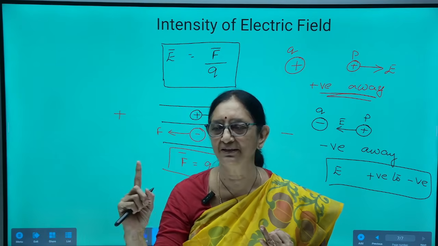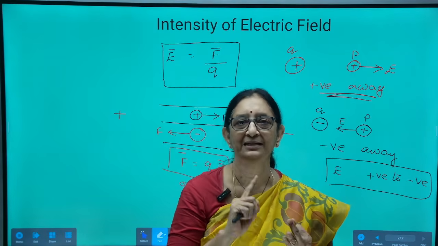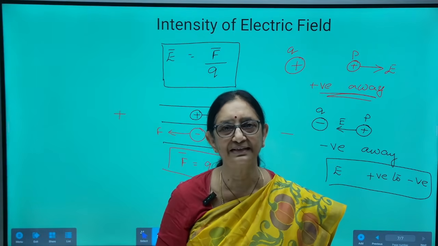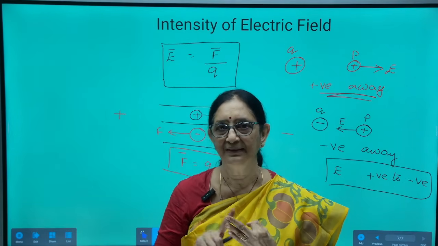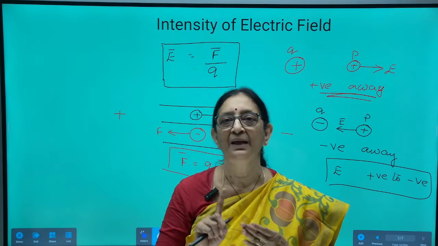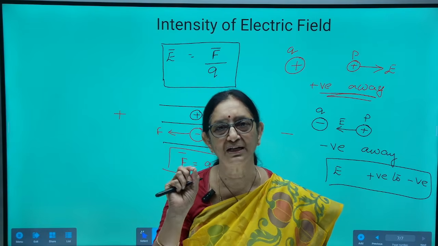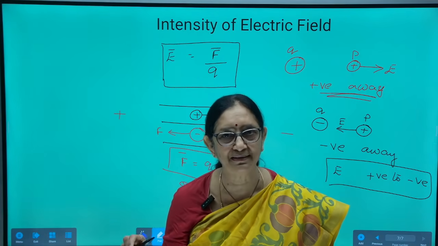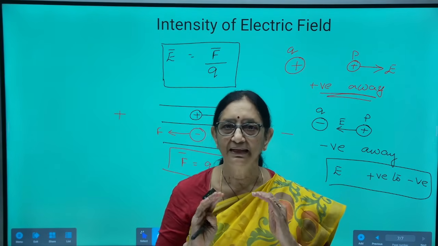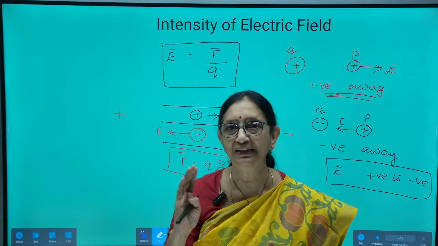Due to a negative charge, it is towards it. So, electric field intensity direction is from positive to negative. That is the third point. And force on a charge Q placed in a field of intensity E is F is equal to Q E.